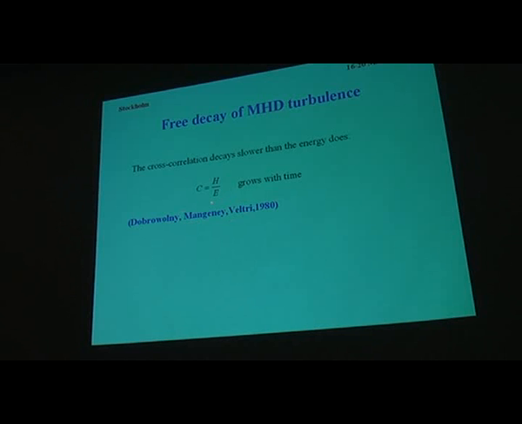In this paper, it was shown that in general, the cross helicity decays slower than the energy, and under free decay, the correlation coefficient, which is defined as the ratio of cross helicity to energy, grows with time.